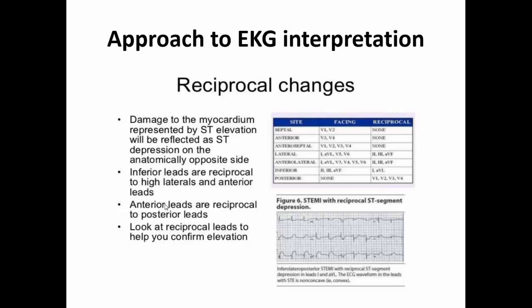For anterior leads, the reciprocal leads are the posterior leads, which we usually don't place on patients. You should always look for reciprocal changes to help you confirm ST elevation. I hope that conveyed the importance of reciprocal changes, which were hopefully discussed in the YouTube video you've watched.